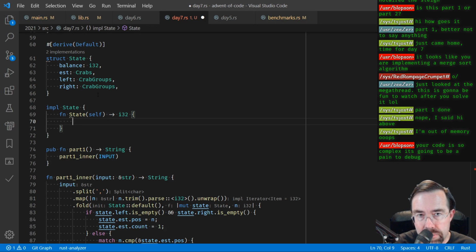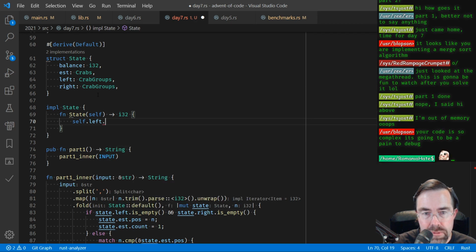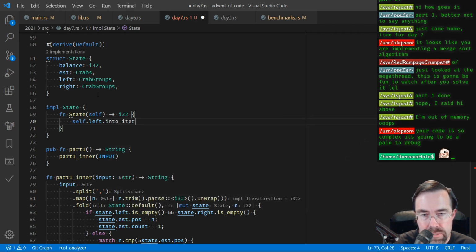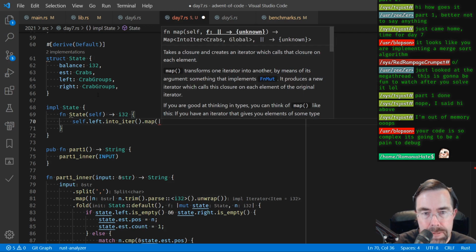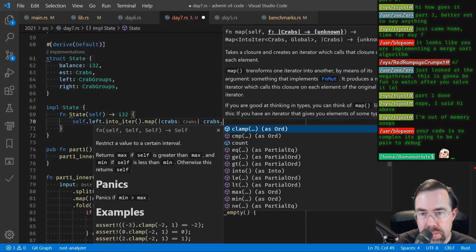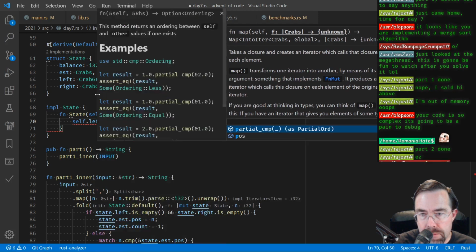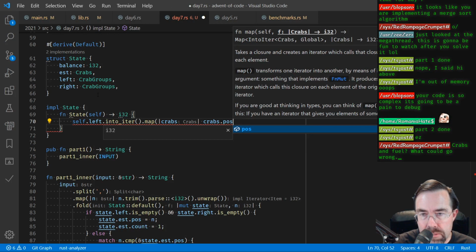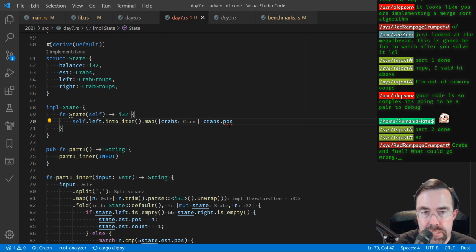The fuel cost will be self.left.fold 0. Actually, it's just sum, right? Yeah. So map iter into iter map crabs dot position. So it's going to be the distance, right?